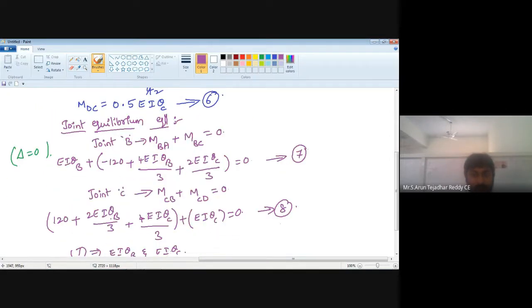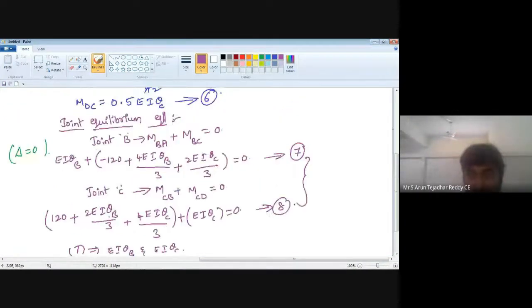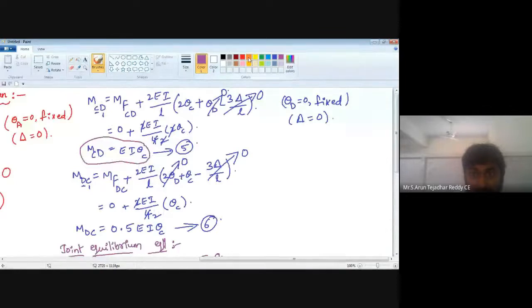How to find here? That is by solving these two equations, 7 and 8, because in equation 7 also we have EI theta B, EI theta C. If you take the 8th equation, in that also we have unknown terms EI theta B and EI theta C. So it is very easy to find out the values.